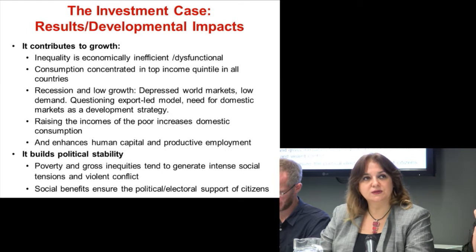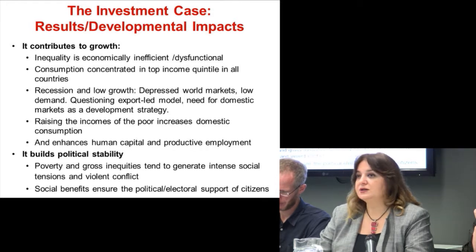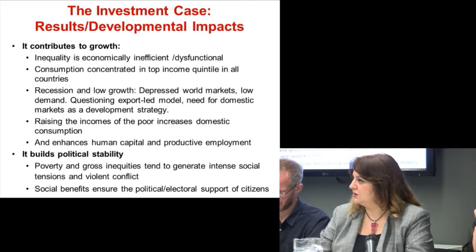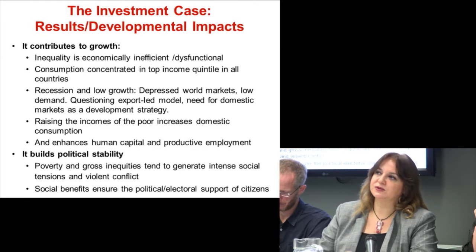And that's why a number of developing countries are expanding social protection in a big manner. For instance, China. China has achieved nearly universal pension coverage in very few years, and is increasing wages. And this was a story unheard of only 10 years ago. So this is a very important point for social protection.